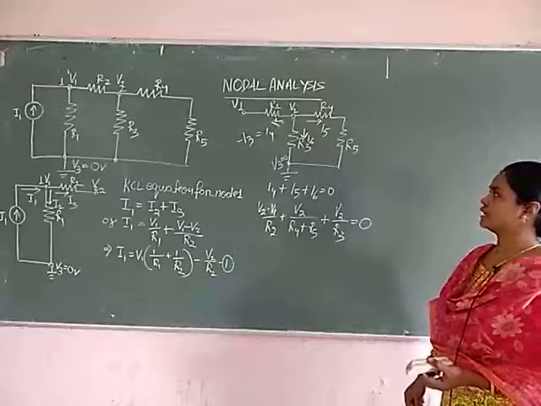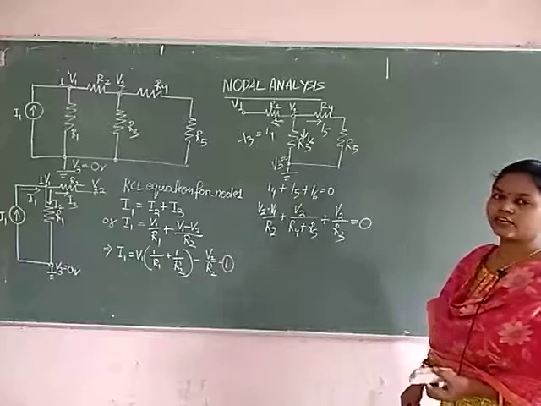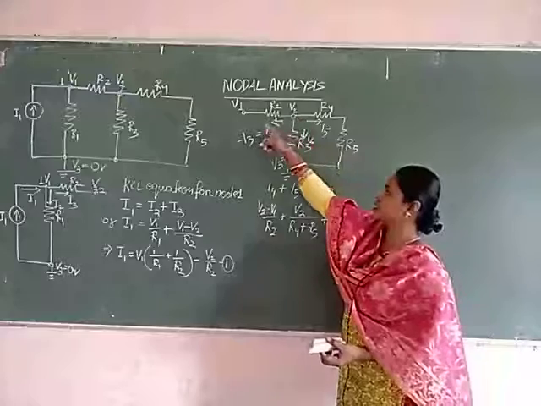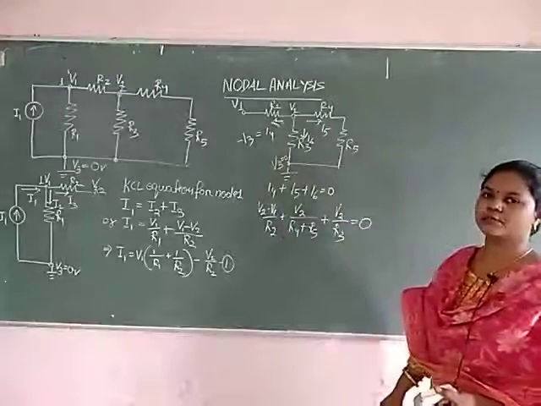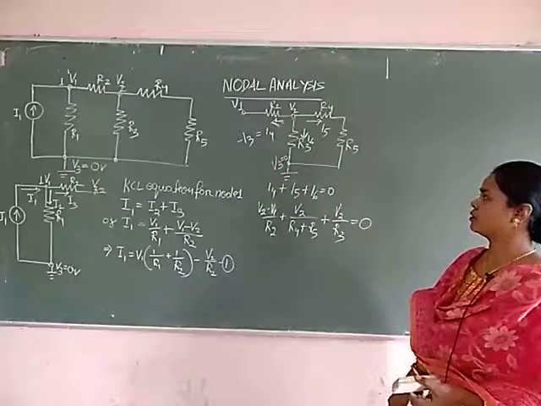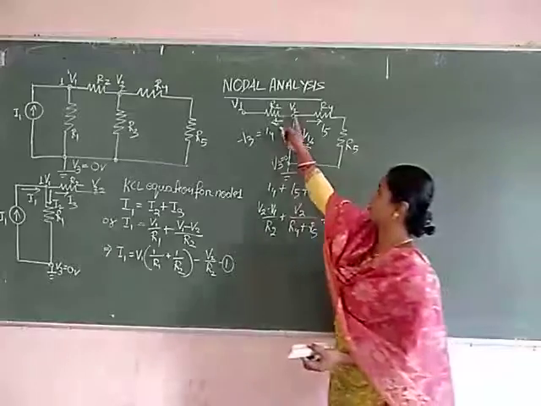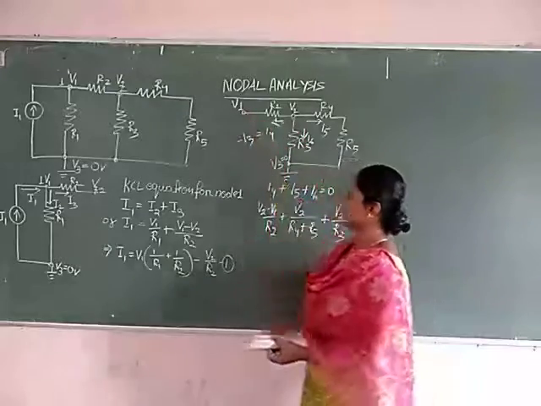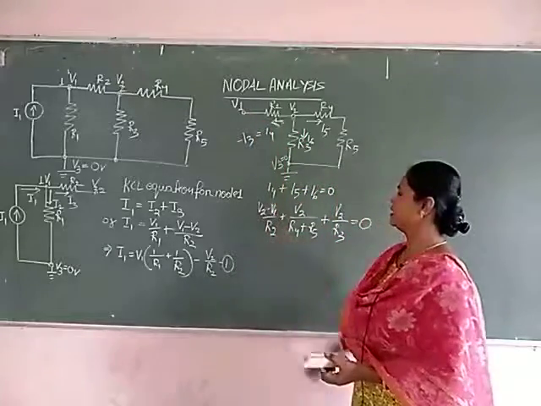At second node potential is V2, at first node potential is V1. So I4 is the potential difference divided by R2, so it is V2 minus V1 by R2. Then I5 flows through R4 and R5, and potential at the top is V2 because the other end potential is 0. So it is V2 by (R4 plus R5). Then I6 is V2 by R3.